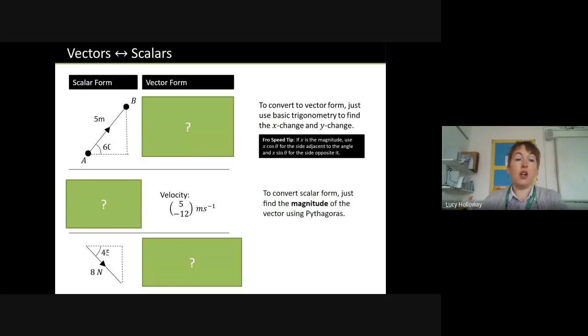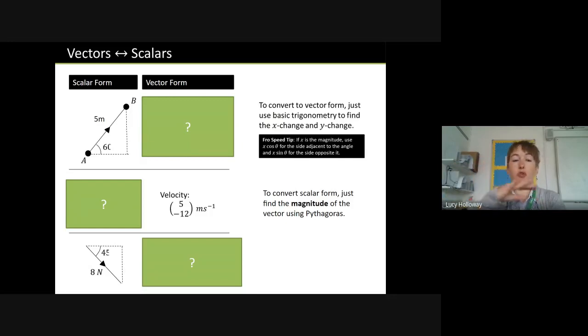So the first one, you've got the magnitude of that vector, the size of it is 5 meters, and it's moving at an angle of 60 degrees from the horizontal. So you can use trigonometry to work out the horizontal component of that vector and the vertical component of that vector.